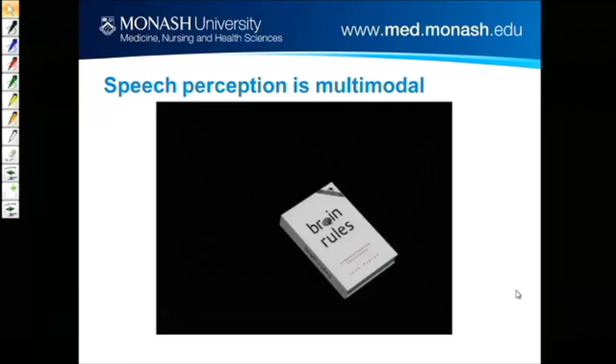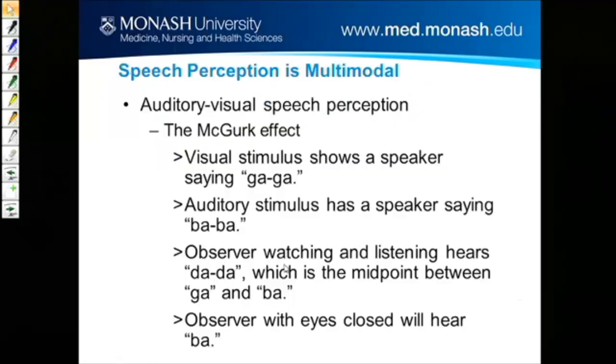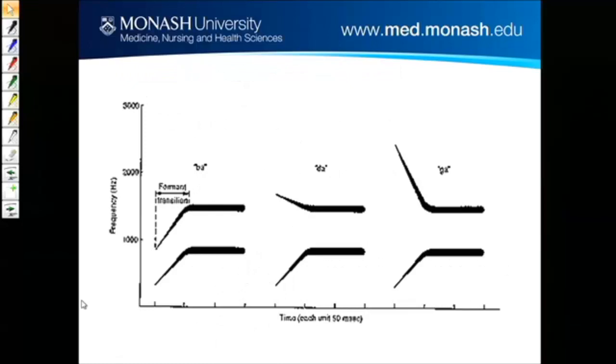So why does ba and ga end up being da in the McGurk effect? That's because of these formants and transitions. So the sound, of course, being a vowel, you get steady-state formants associated with that, but we've got a different consonant associated with each of those vowels. We've got him saying ba, ba, so the audio is ba, ba.